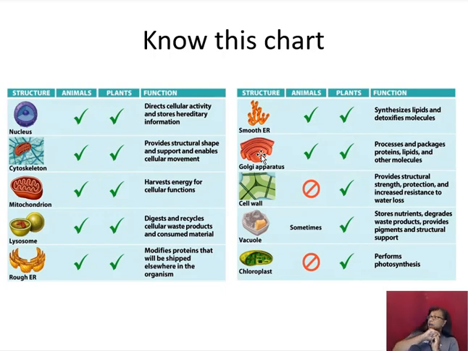Is it to be exocytosed outside of the cell, to go to another part of the body? Is it to go to another part inside the cell? So the Golgi apparatus is actually doing all of that packaging and processing of a protein or a molecule that the cell created.